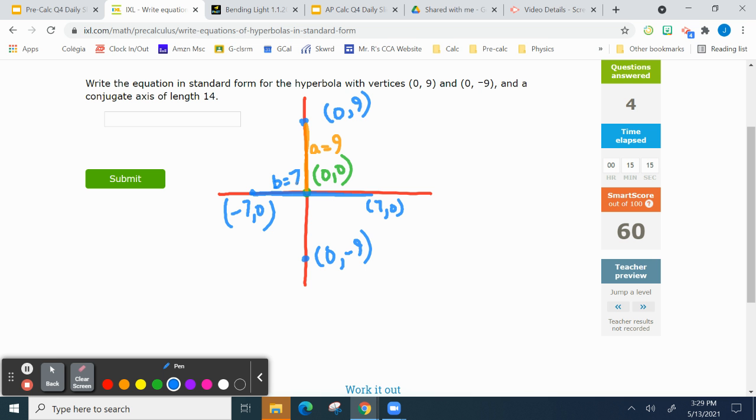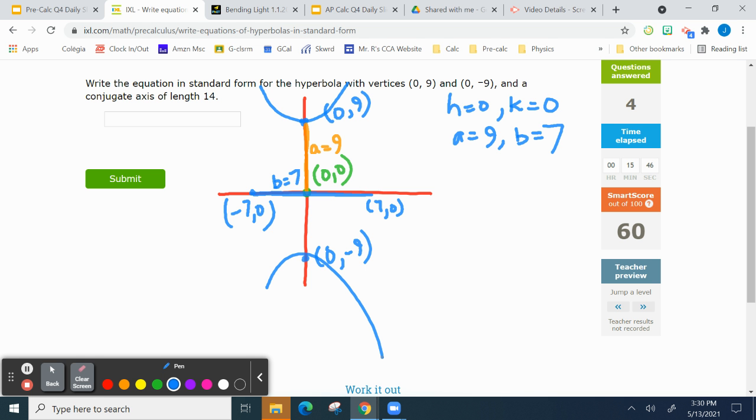So now what do we got? We got H equals 0, K equals 0, A equals 9, and B equals 7. Since the conjugate axis is the horizontal one, and the vertices are up and down, then this thing goes like that, right? Because those are the vertices.